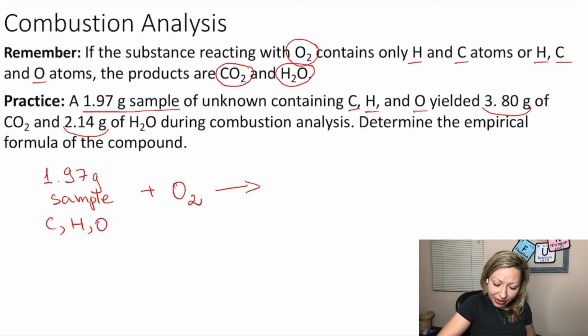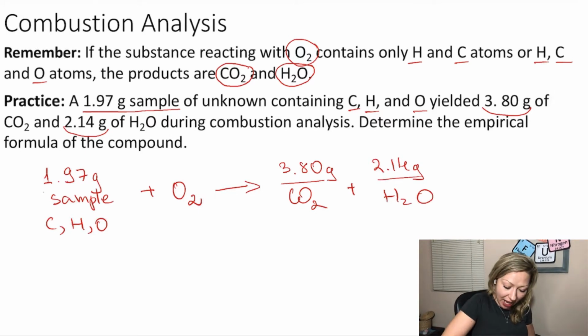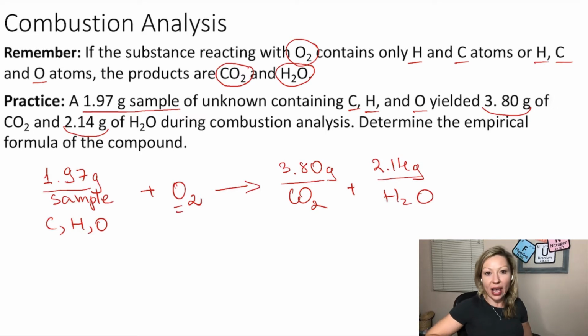And on the other side, we produce 3.80 grams of carbon dioxide and 2.14 grams of H2O. Okay, now it is obvious from the amount of the products that we produced way more than what we had in the sample because we added extra oxygen atoms. Okay, we'll have to account for that.